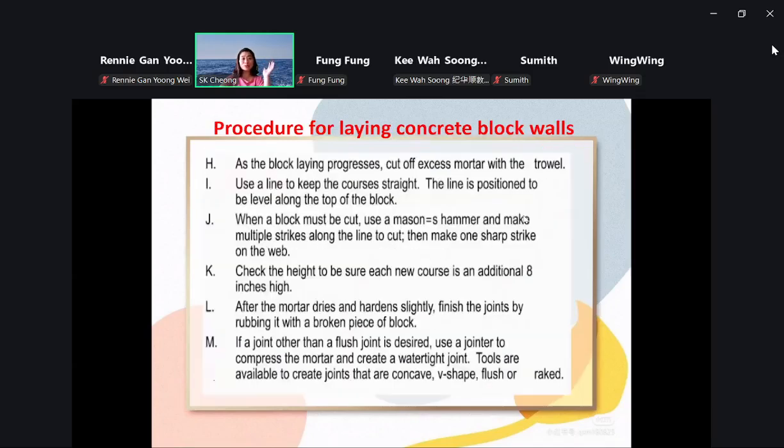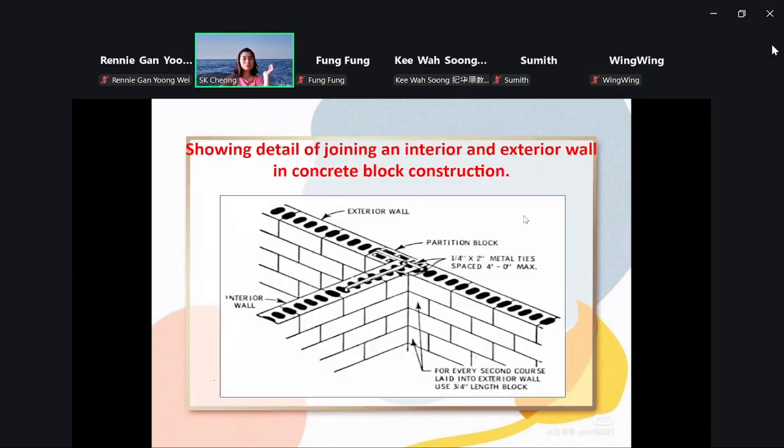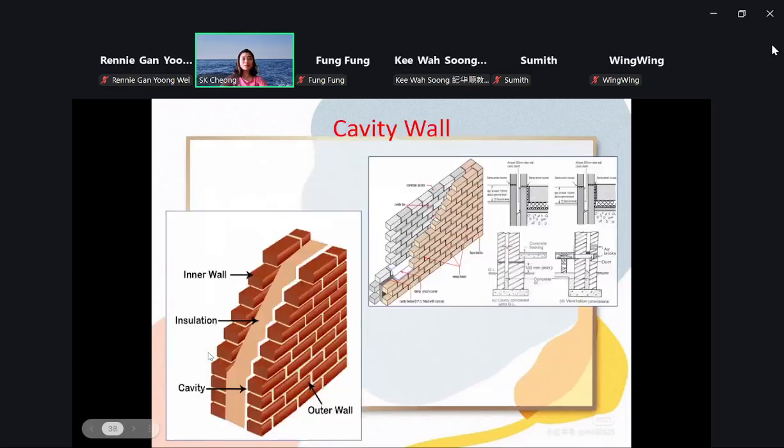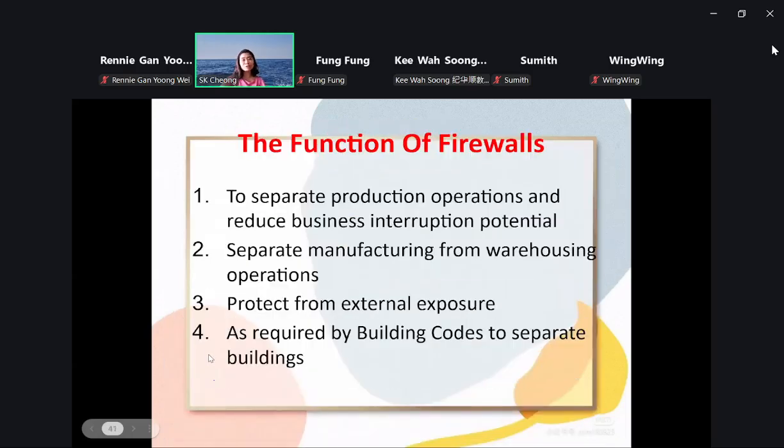These are just procedure. Cavity wall. Functions of wall. Just now we made the functions of a firewall, and just now was the functions of the overall walls.